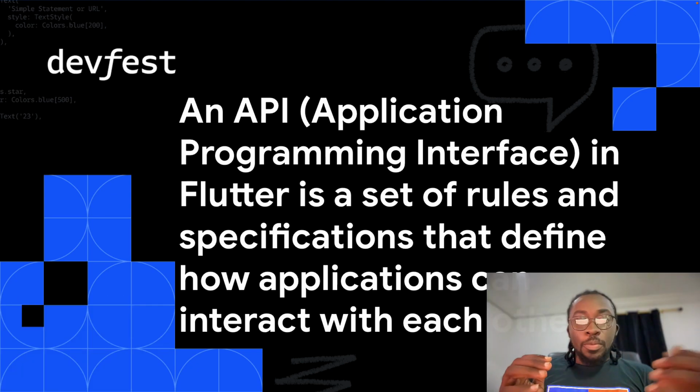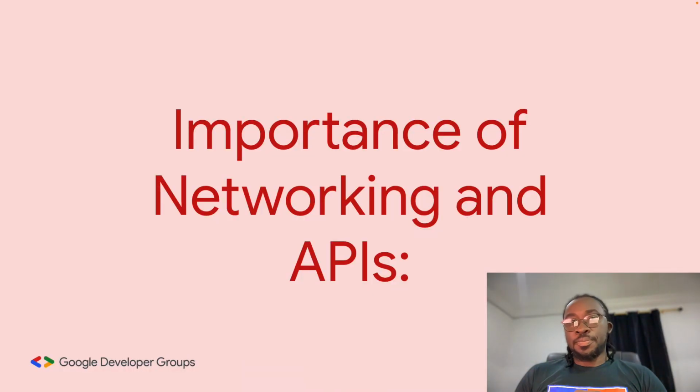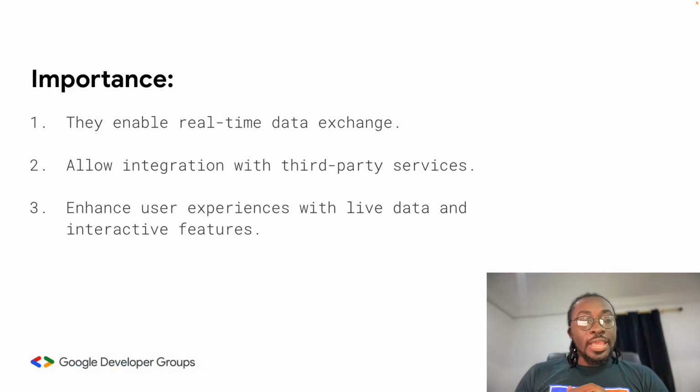Now, what is the importance of networking and APIs? They enable real-time data exchange.